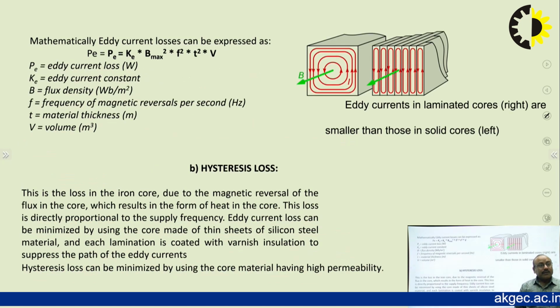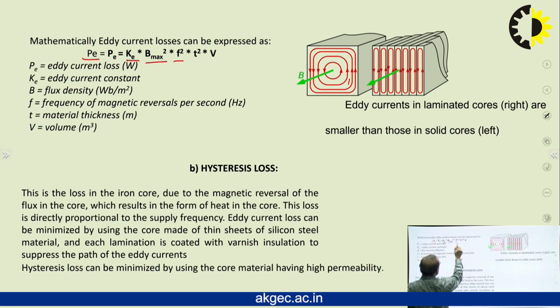Mathematically, eddy current losses are expressed by P, representing eddy current power loss. This is given by P = K × B max² × F² × T² × V. The symbols are: P represents eddy current power loss in watts, K is the eddy current constant, B is the flux density in Weber per meter square, so B max is the maximum value of flux density.